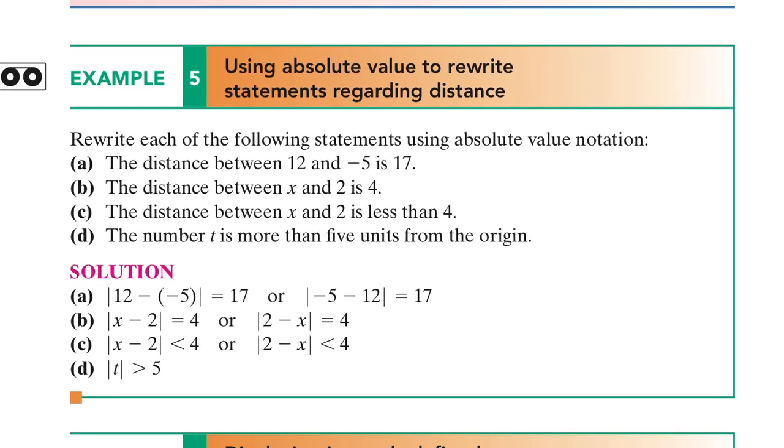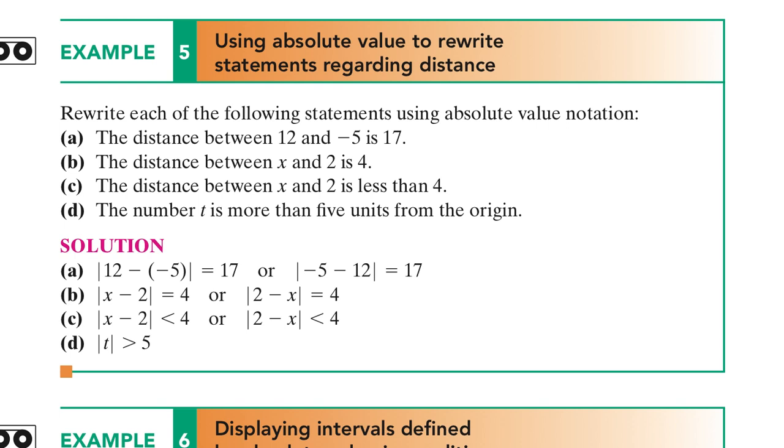So we have using the absolute value to rewrite statements regarding distance. Okay, so to write this right here, the distance between 12 and -5 is 17. That's how you would write it.